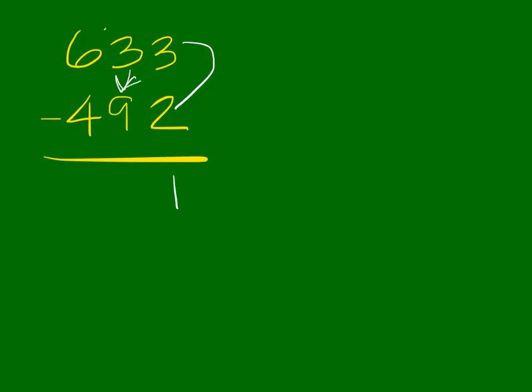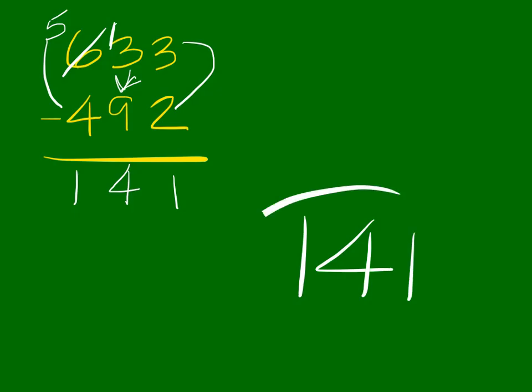We have to borrow 1 from the 6, make it 5. Put that 1 there and make it 13. 13 minus 9 is what? 4. And then you'll do 5 minus 4 to get 1. 141 should be the answer.